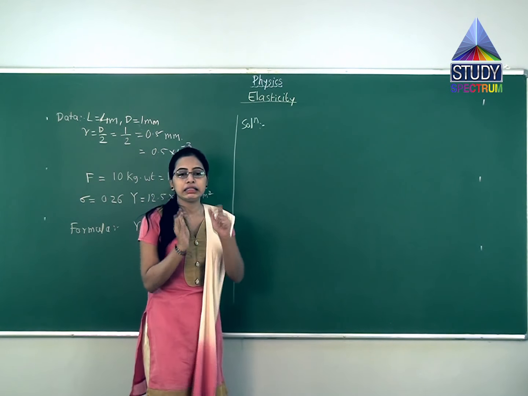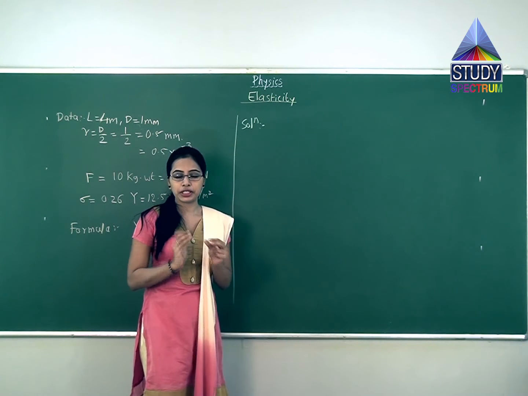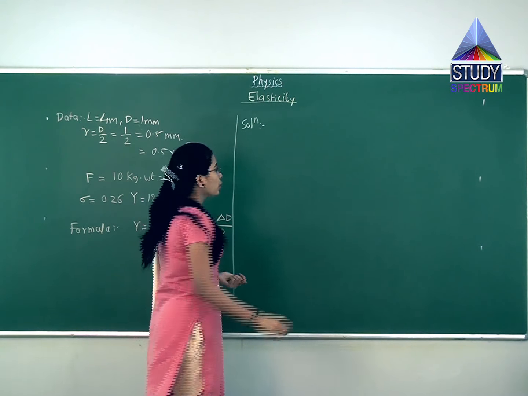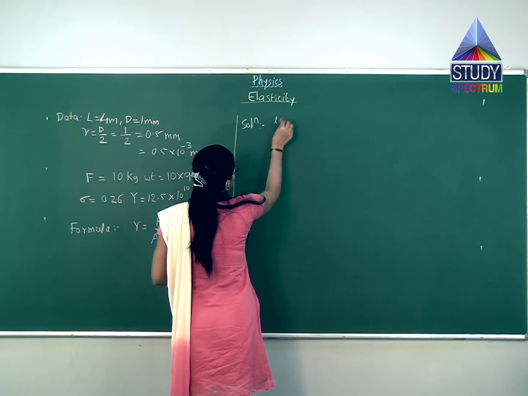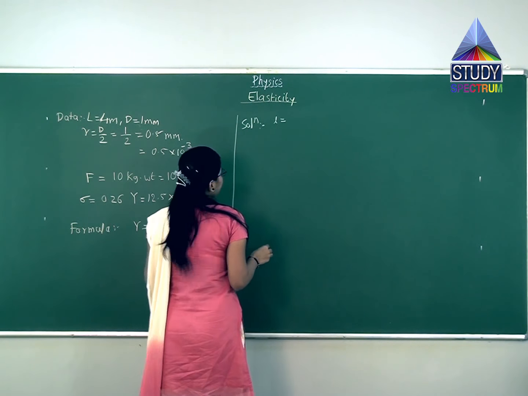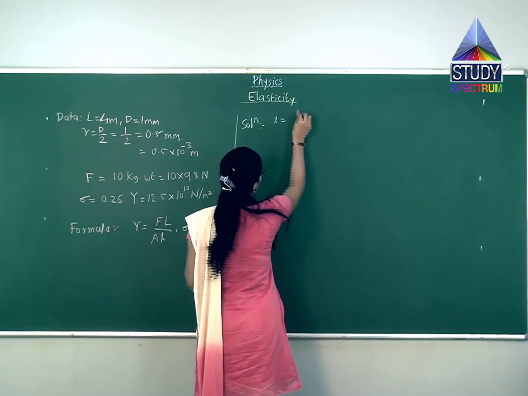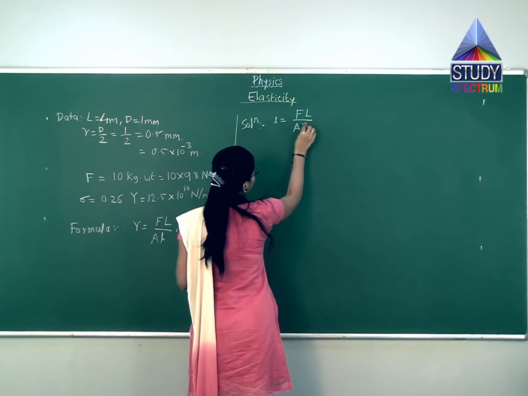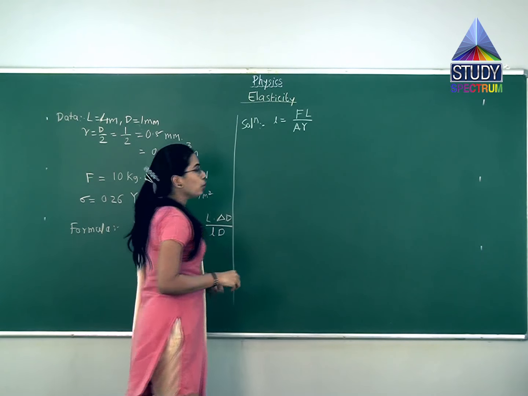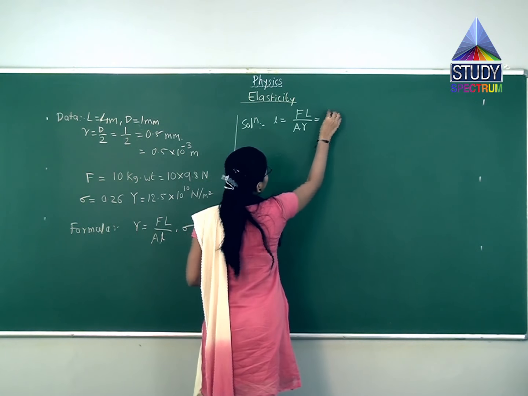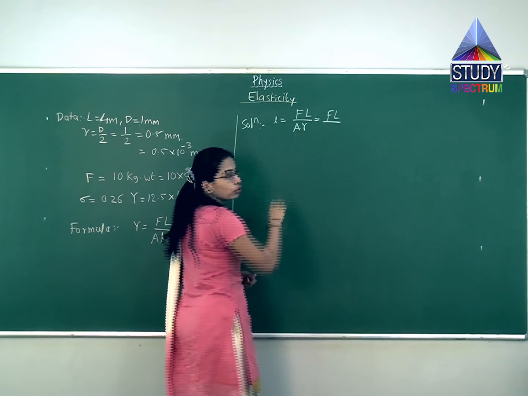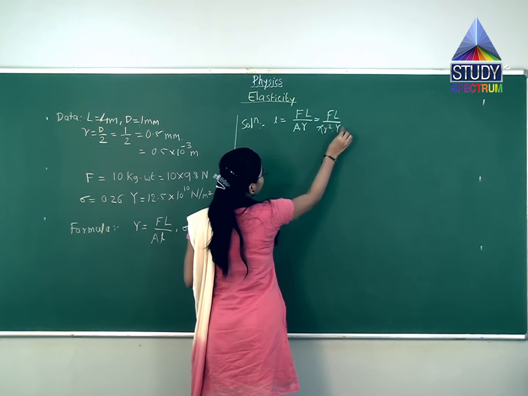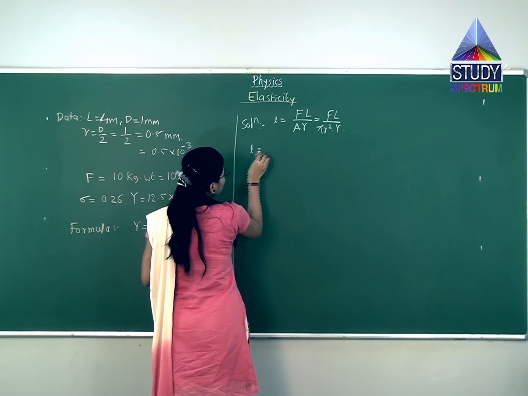Firstly, we will find the extension produced in the wire, which is asked, by using the first formula of Young's modulus. So from this formula I can write the expression for small l. So it will be FL upon AY. We don't know the area, so it will be FL upon pi r square into Y. So let's substitute the values.